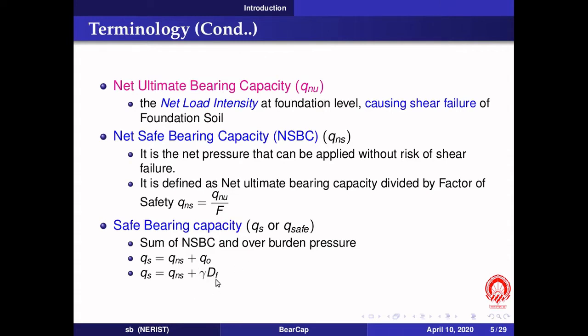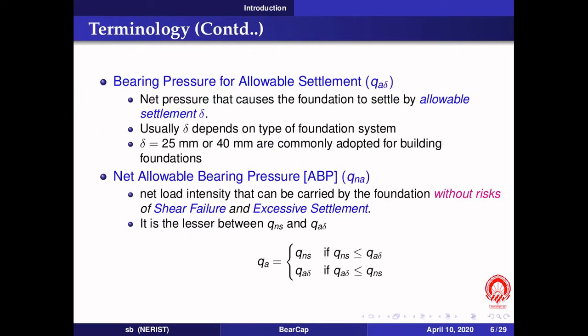So these are some of the important terminologies which will be frequently used when we talk of bearing capacity, and we must understand these definitions very clearly. Now, since I need to design my foundation to be also safe for settlement criterion, we also define another term called bearing pressure for allowable settlement.